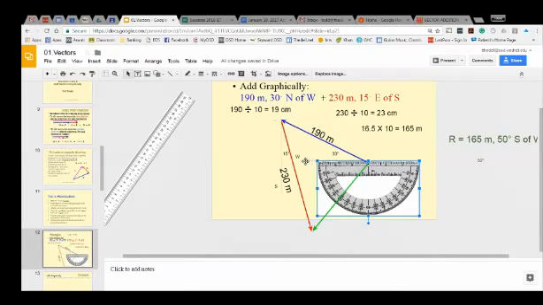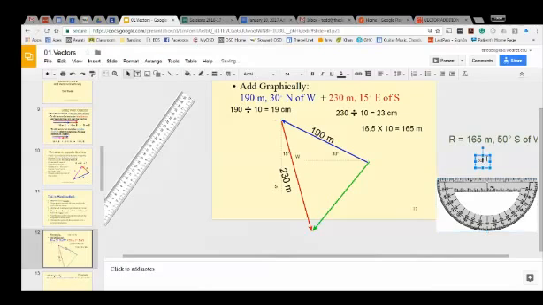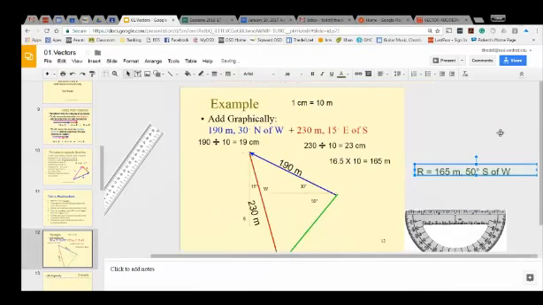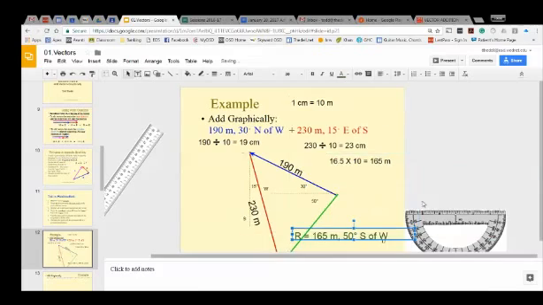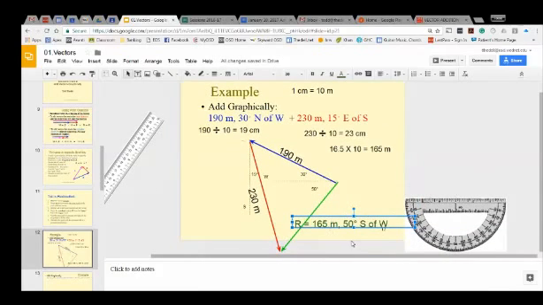But it just so happens that I already have a reference. You could do the south reference line, but in this case it's going to require you to do a little bit more work. Well, I measure that to be a 50-degree angle, so the resultant R represents 165 meters at 50 degrees south of the west line. And that's how you add vectors graphically. Hope that makes a lot of sense.